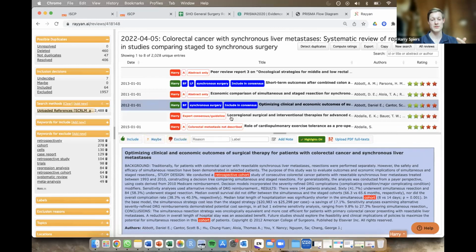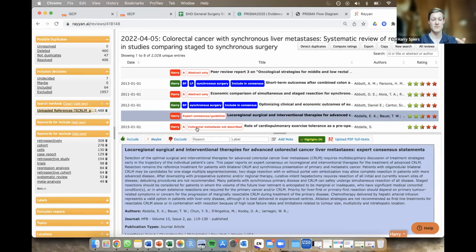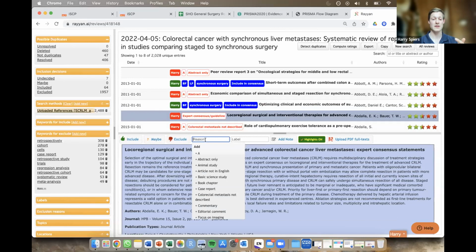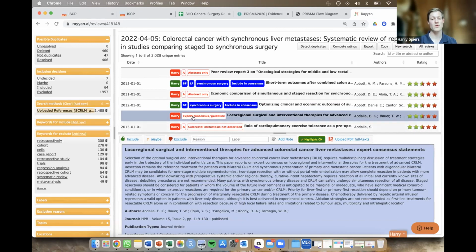And at that point, so you can see the ones in red here, for example, you can either use the labels that they've already given you, or you can add your new one. So whatever your reason is, you add in your reason, okay? And it then labels your paper as excluded for this reason.